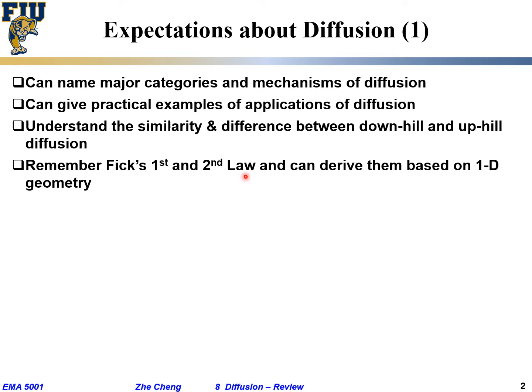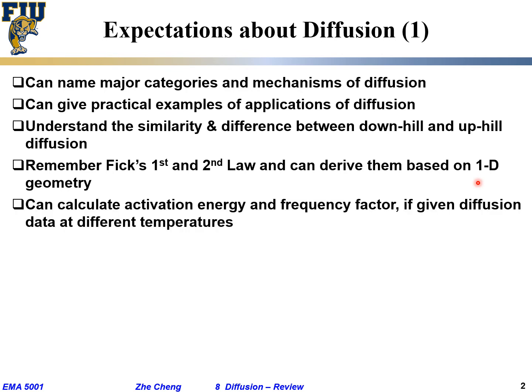While the second law relates how fast the local concentration changes with respect to time to how fast the local concentration gradient changes. Okay, and we can simplify Fick's second law if the diffusion coefficient is a constant, which means it doesn't change with respect to concentration. And I expect you to be able to derive these two laws based on simple one-dimensional geometry. Okay.